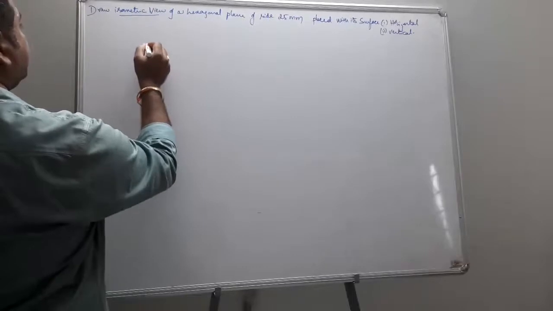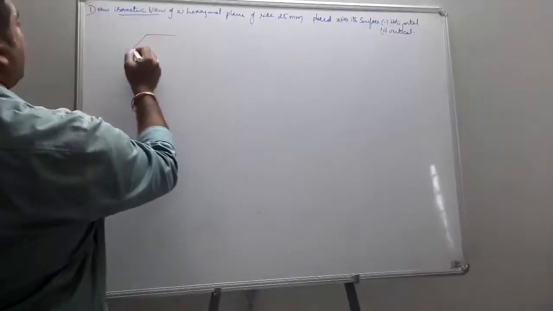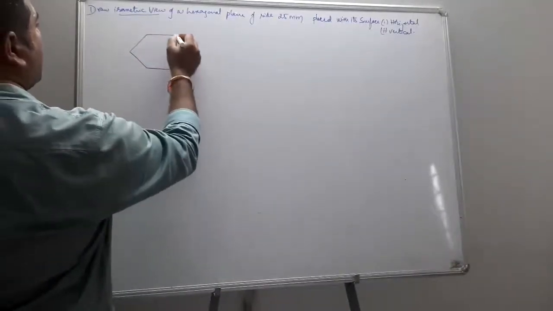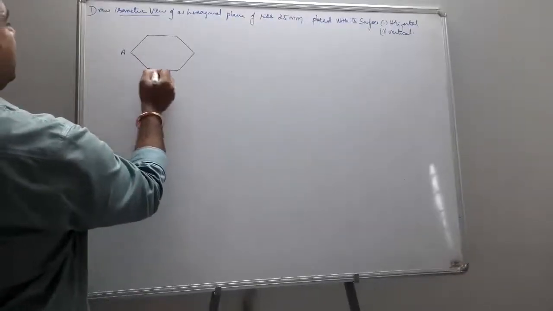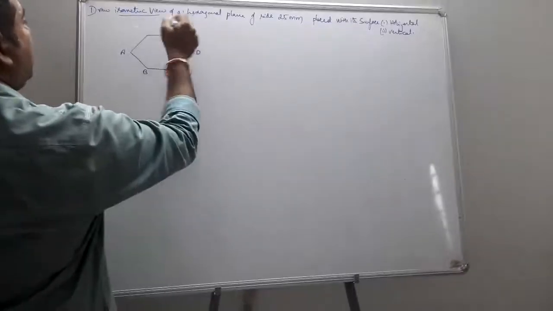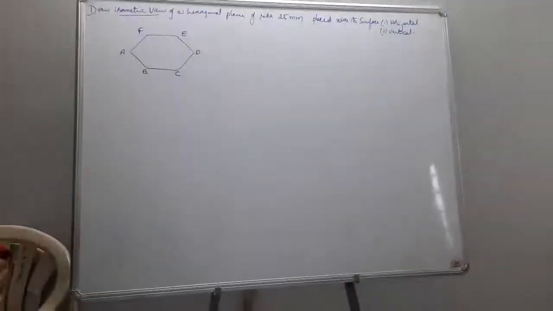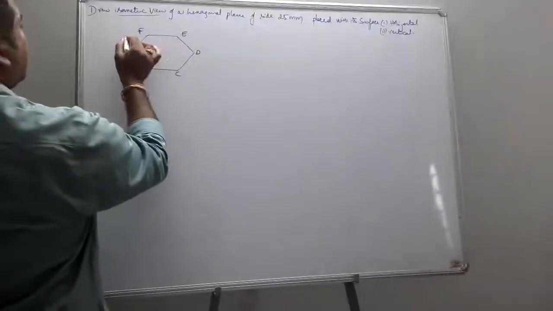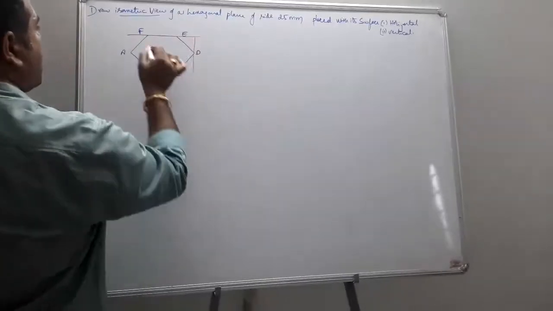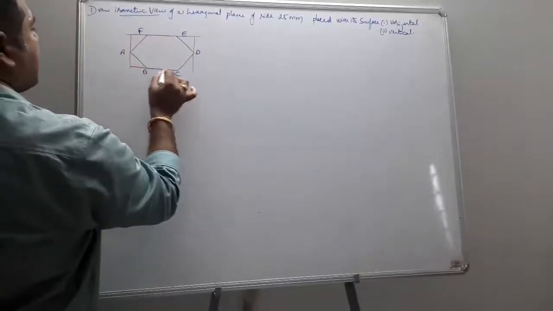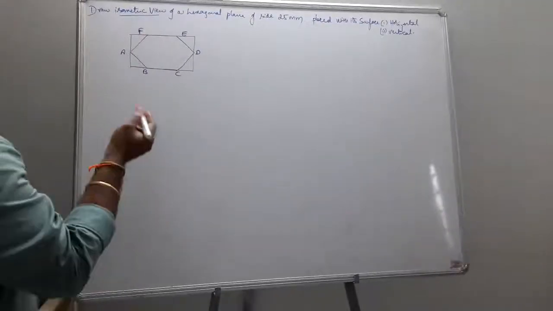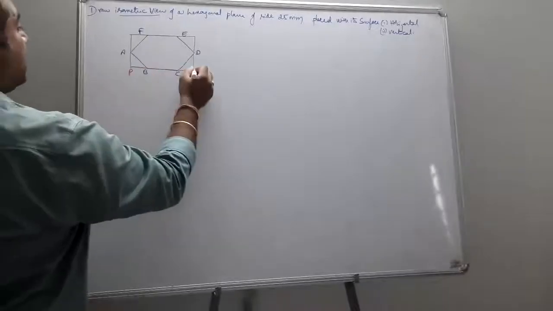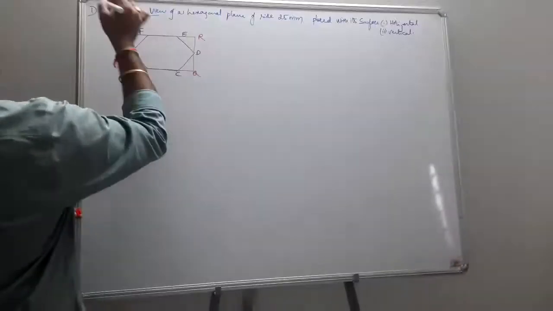Okay. Let us consider my hexagon is going to be like this: A, B, C, D, E, F. Once you obtain your hexagon, you just inscribe your hexagon in a square. So this square box is PQRS. P, Q, R, S. Okay.